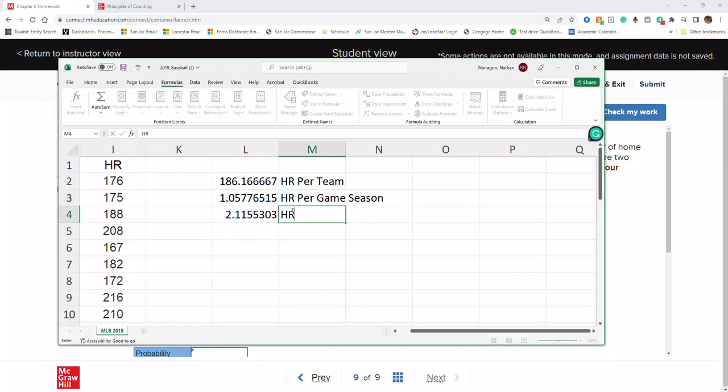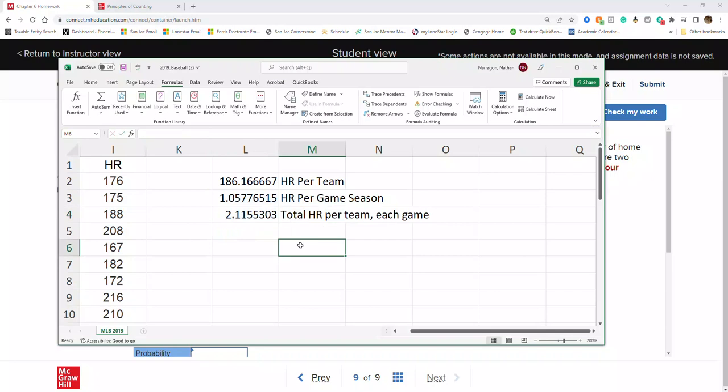And this is our total home runs per team each game. Okay, so our mean for this, for Poisson, is 2.1155303, so forth and so on. We're going to do 4 decimal places, so 2.1155.